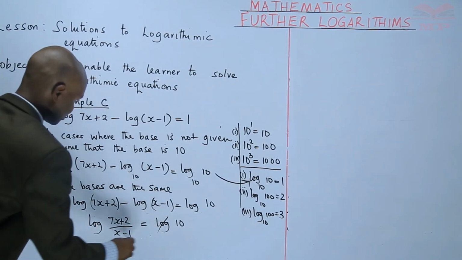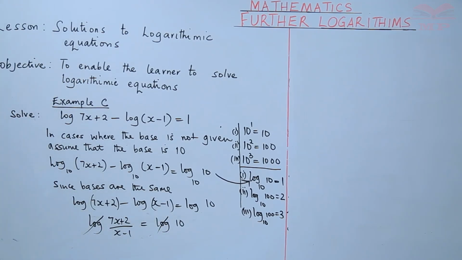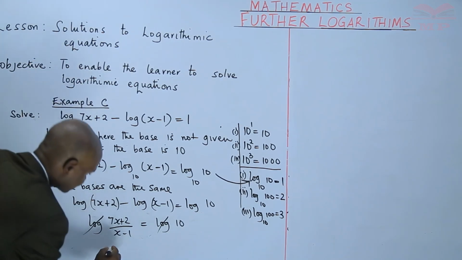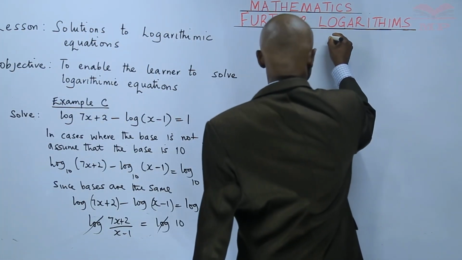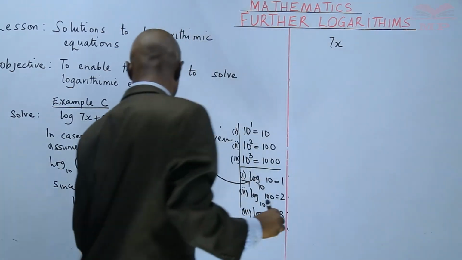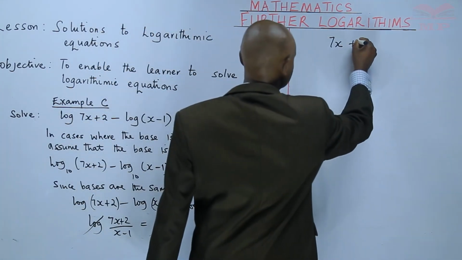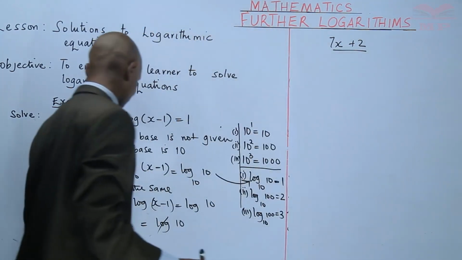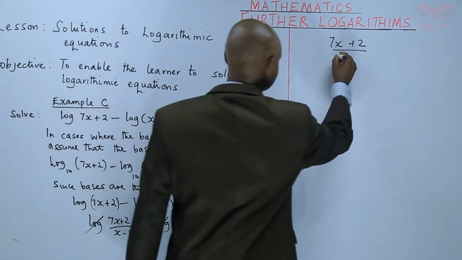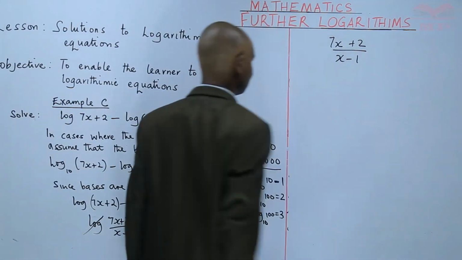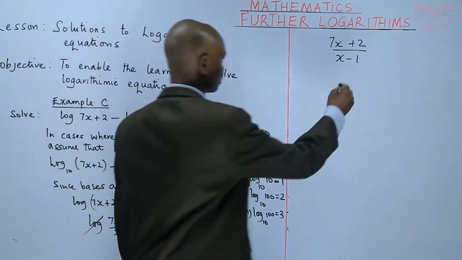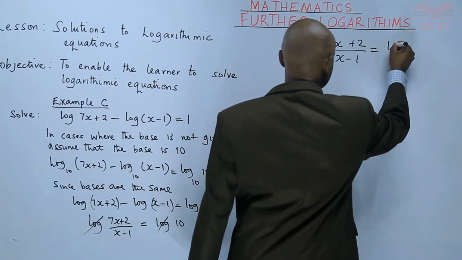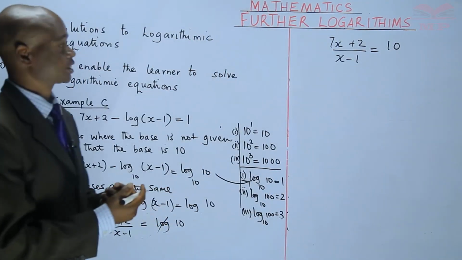You can do away with the log because it is common. So you'll have 7x plus 2 over x minus 1 is equal to 10.